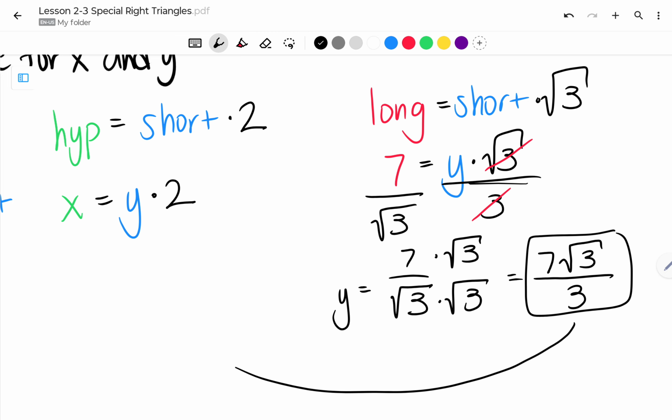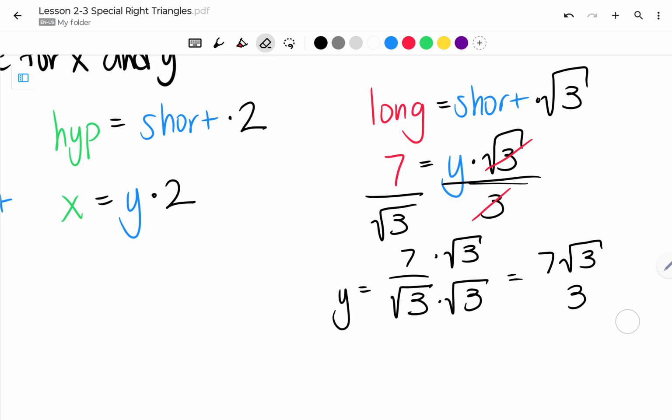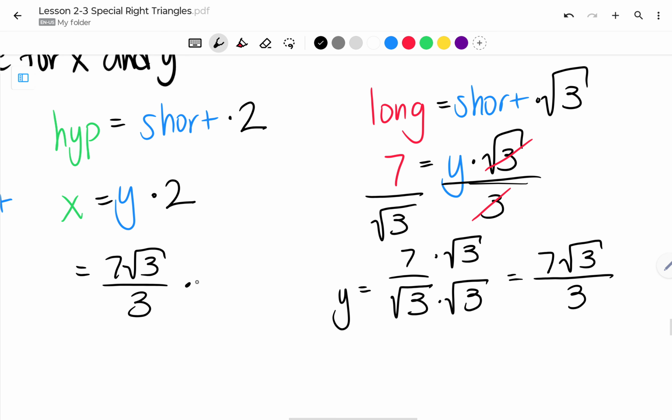So then I have my y. Let's go ahead and plug that into that equation there. Okay. So that means we're going to squeeze that in. So 7 square root of 3 over 3. Let me write that one more time. Times 2.